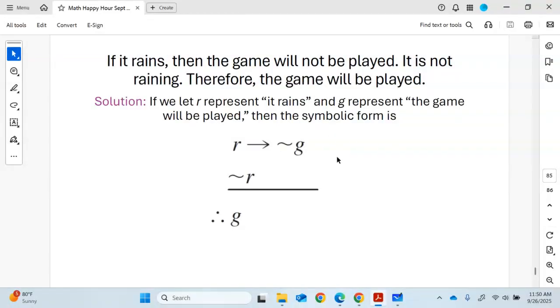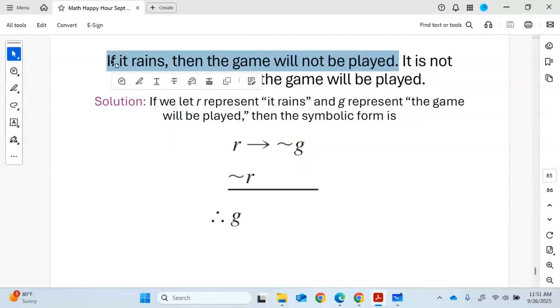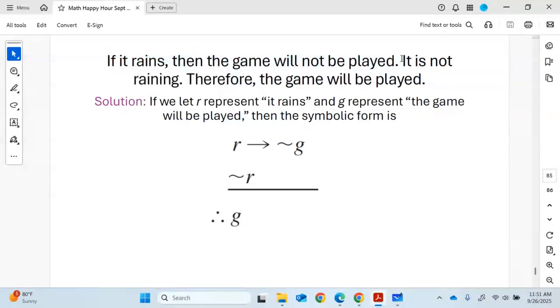My second premise said, and let me go back, the statement is right here: if it rains, then the game will not be played. So that statement is represented in the first row: R implies not G. My second premise is it is not raining.